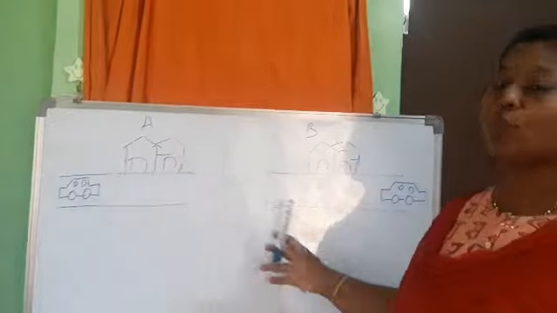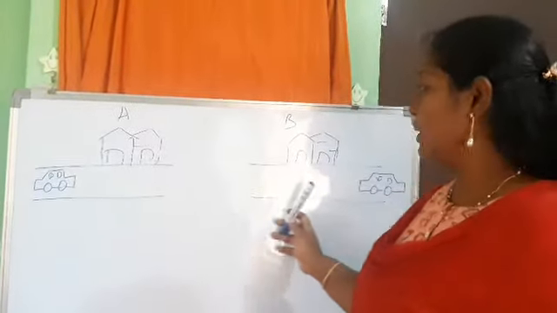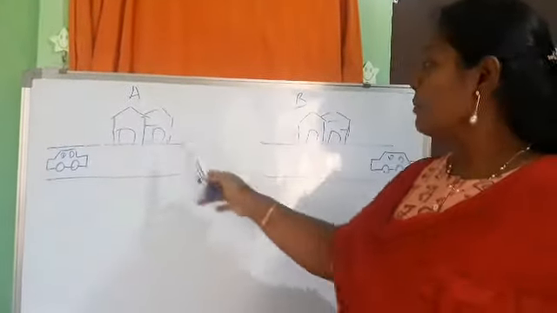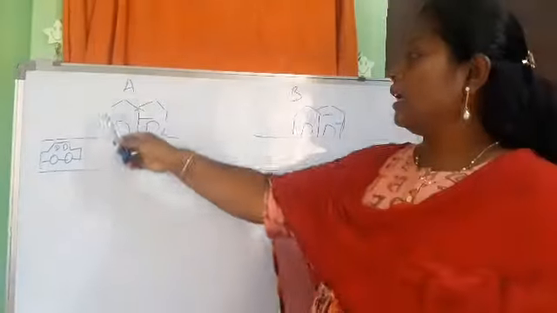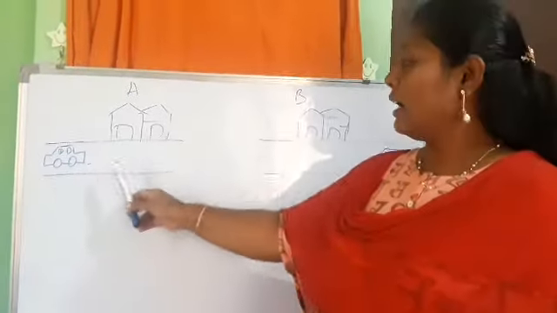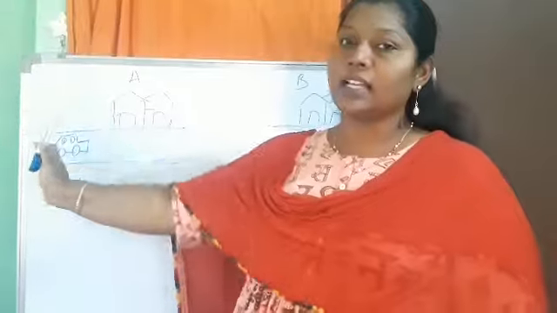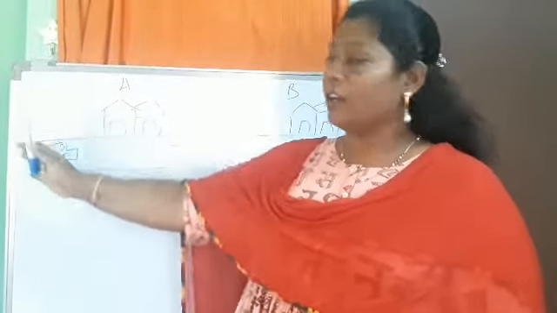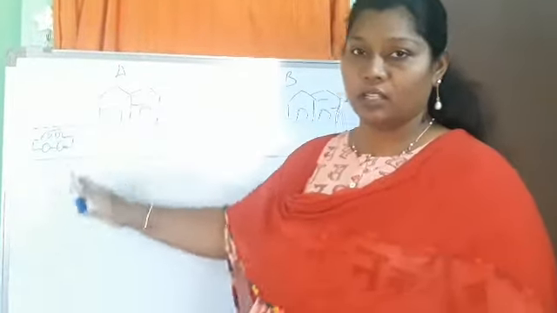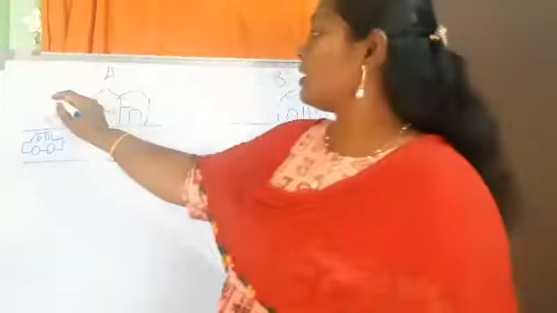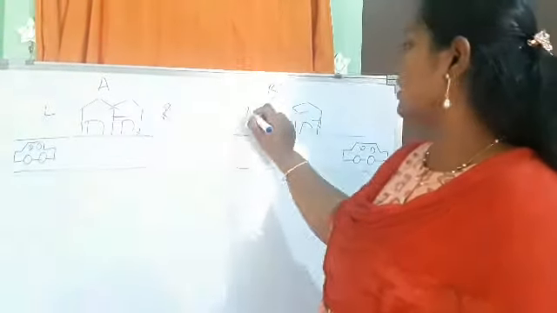Here I have drawn two pictures, picture A and picture B. See, observe the surroundings here. Here there is a house and here there is a car. Here the car is towards the left side of the house, right? So this is the left side of the house and this is the right side.